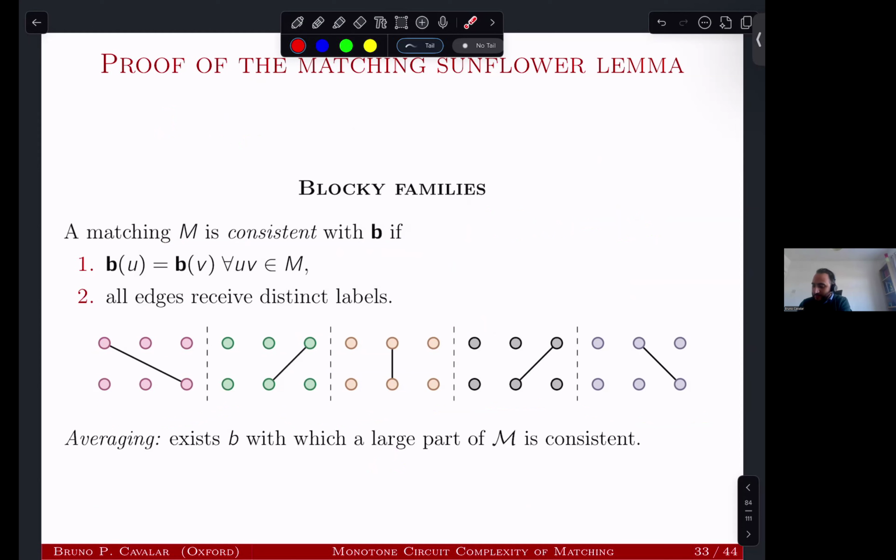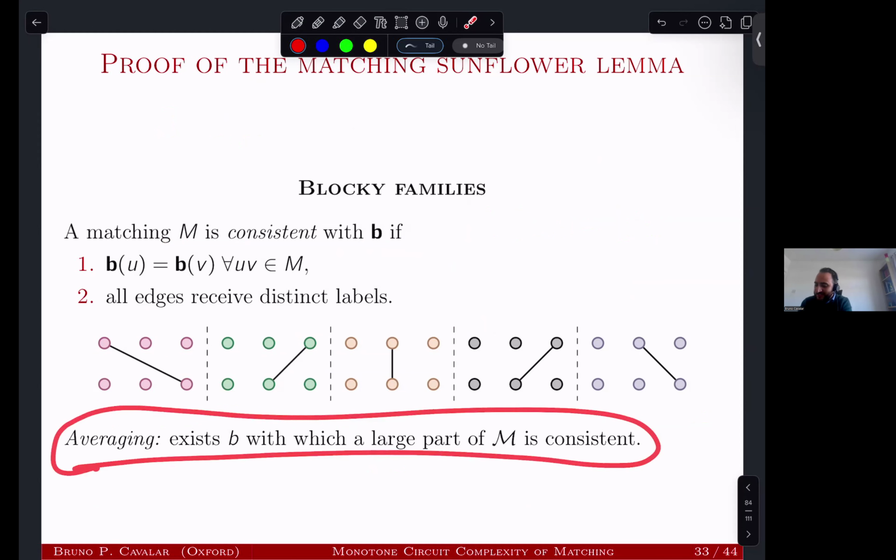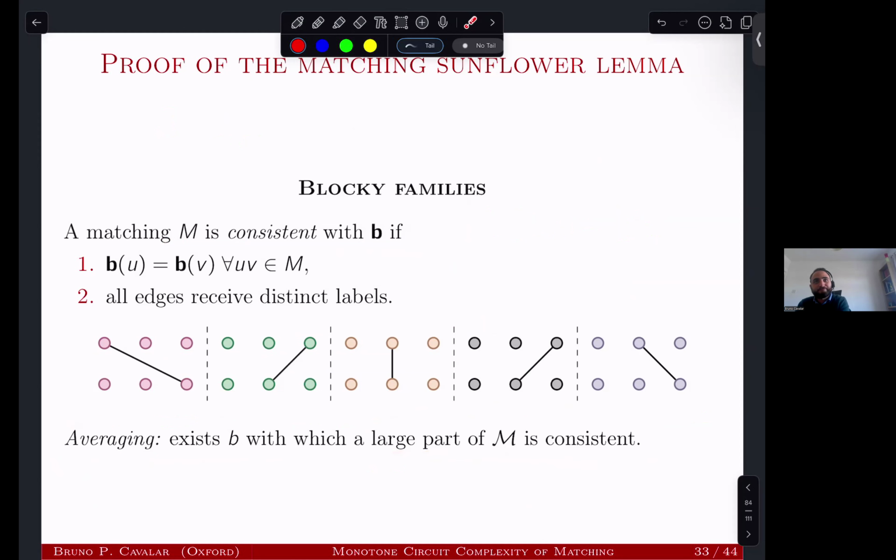And by a simple averaging argument, we can show that there exists a coloring which is consistent with a very large fraction of the set of matchings. So we can just suppose that we are dealing with a blocky family, and try to show that we can find a monochromatic matching outside of some core under this assumption.